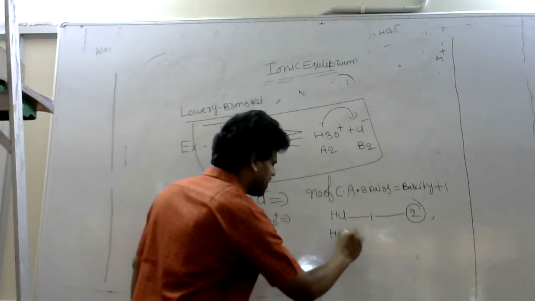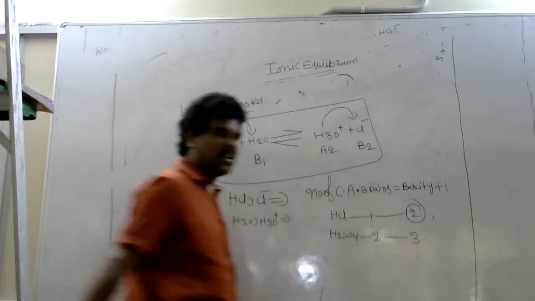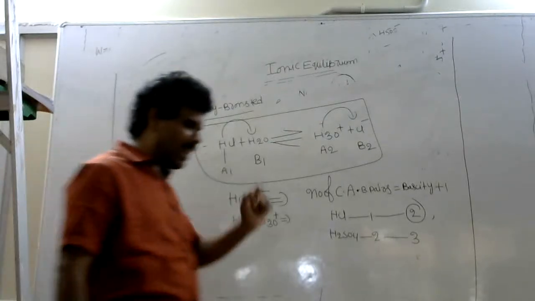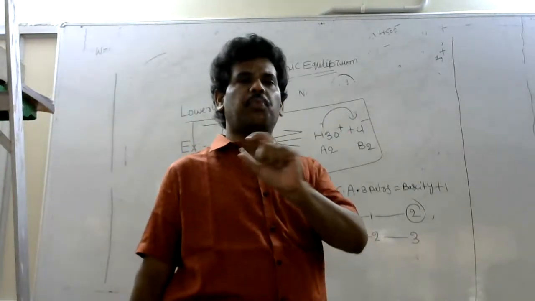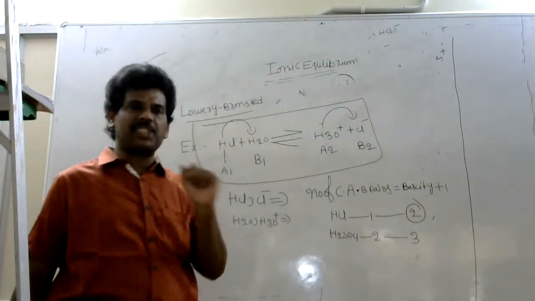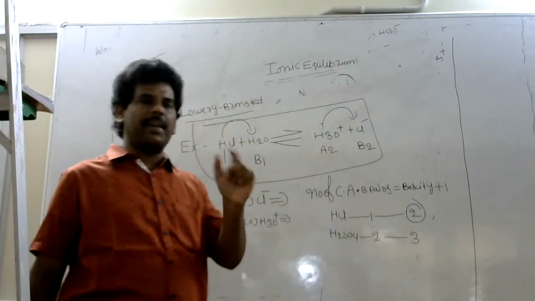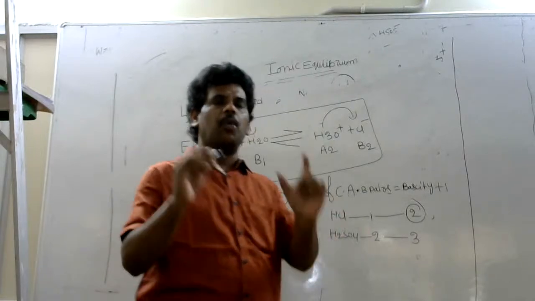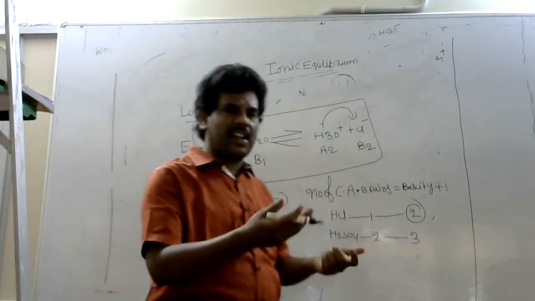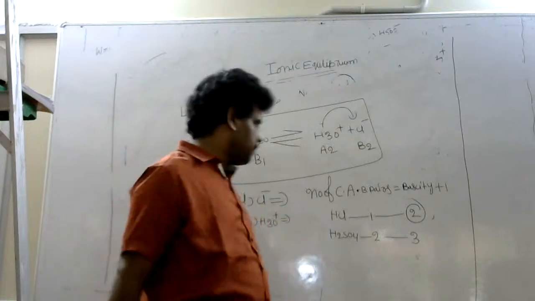H2SO4 basicity 2, it is possible to form 3 conjugate acid base pairs.